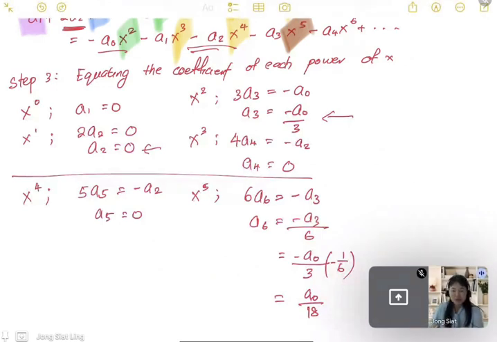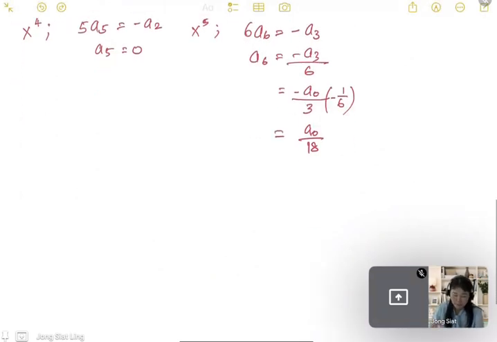Now we go for step number 4. Step number 4 is to write down the series solutions.